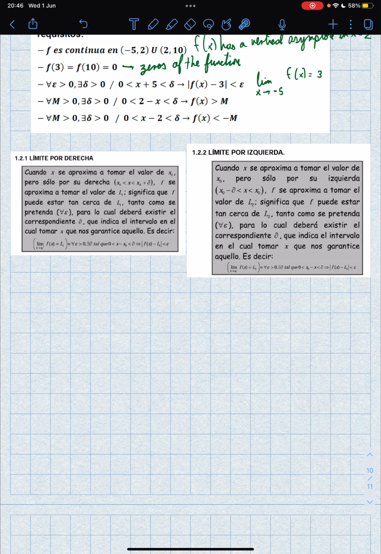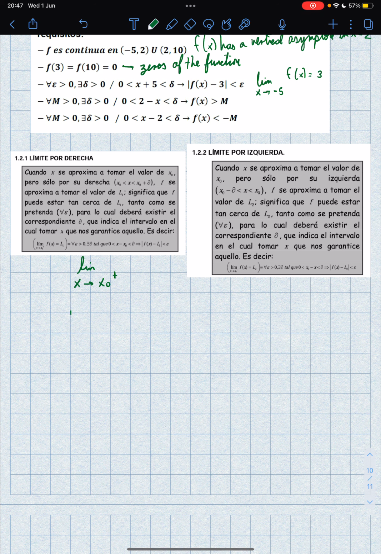What it's saying here is that the limit from the right is going to have this expression over here. This means that we're going to do the limit when x goes to x sub 0 from the right.